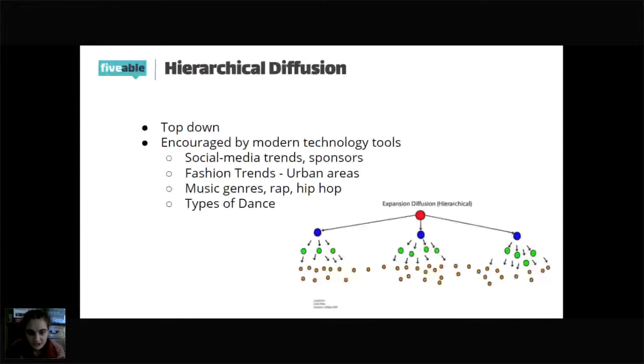Another question. If a celebrity advertises a product and then the specific product changes according to the situations, is it still an example of hierarchical diffusion or is it an example of stimulus diffusion? Well, I would say it's both. The advertisement of a product by a celebrity is an example of hierarchical diffusion.